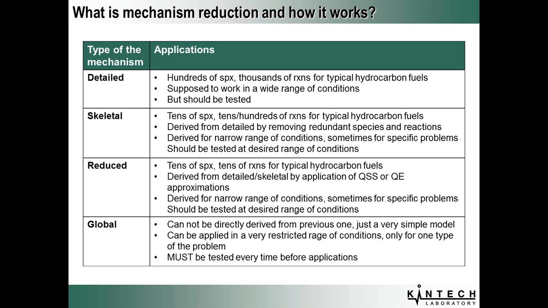Usually these mechanisms are derived for a slightly narrow range of conditions, sometimes for specific problems like ignition or laminar flame or something else. And of course, this mechanism should be tested at the desired range of conditions. They should be tested against the detailed one.